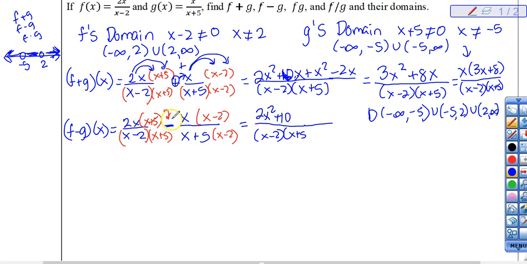But we need to take that negative x, take it up, so that you can distribute. Negative x times x, which is negative x squared. And negative x times negative 2, which is positive 2x. I clean that up a little bit because I like it.